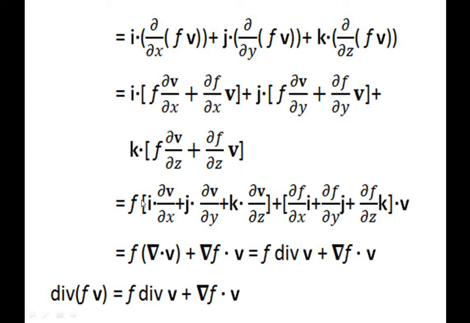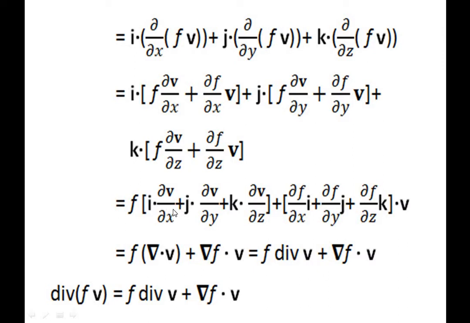Then we rewrite: f into i dot dou v by dou x plus j dot dou v by dou y plus k dot dou v by dou z, plus dou f by dou x i cap plus dou f by dou y j cap plus dou f by dou z k cap, dot v. Okay, look at this expression in the bracket of f, that is, i dot dou v by dou x plus j dot dou v by dou y plus k dot dou v by dou z, which is del dot v.